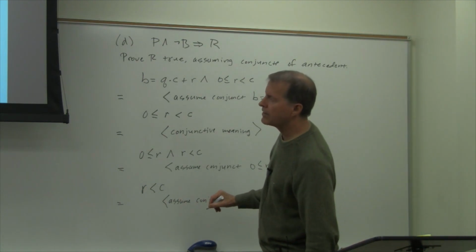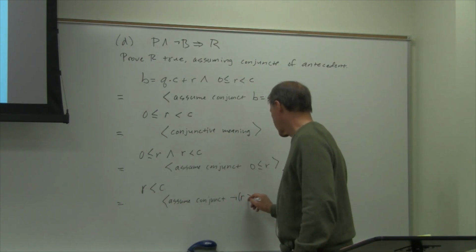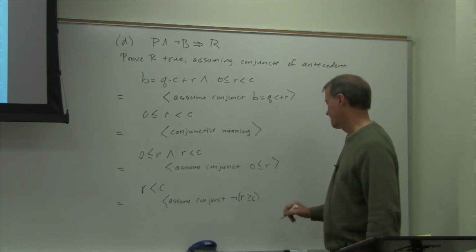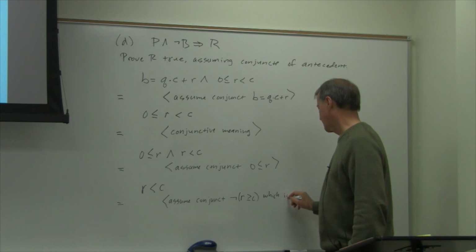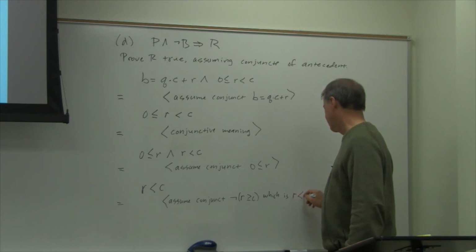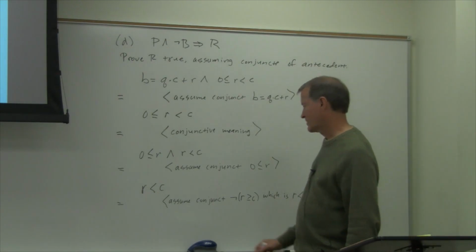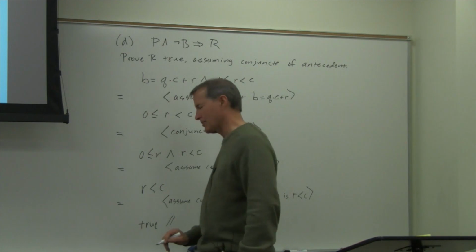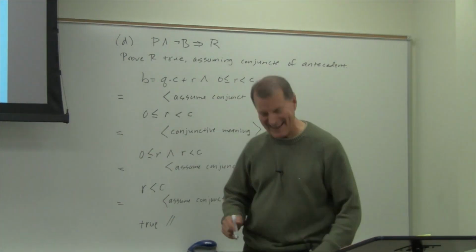Not R is greater than or equal to C, which is what? R is less than C. So that's true. Boom, and we're done. So put that in your pipe and smoke it.